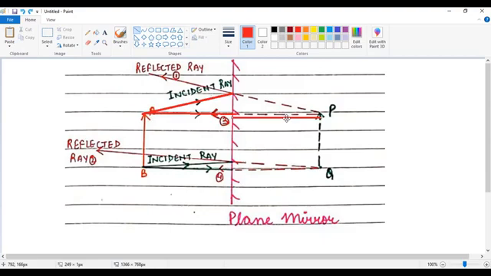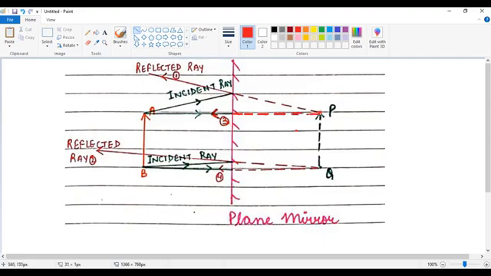So students, first you can mark a point 5 centimeter behind the plane mirror at point P. And then after drawing the point, you take a reflected ray from the horizontal ray from point A and draw it dotted until it reaches point P marked by you.